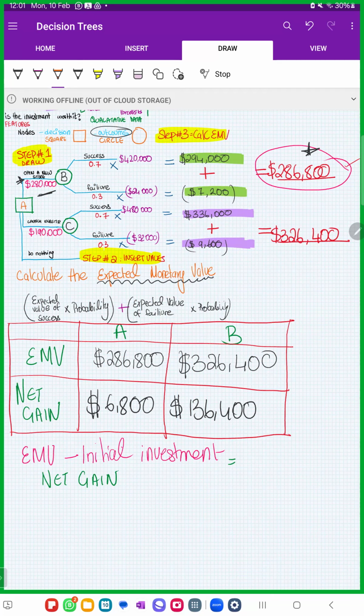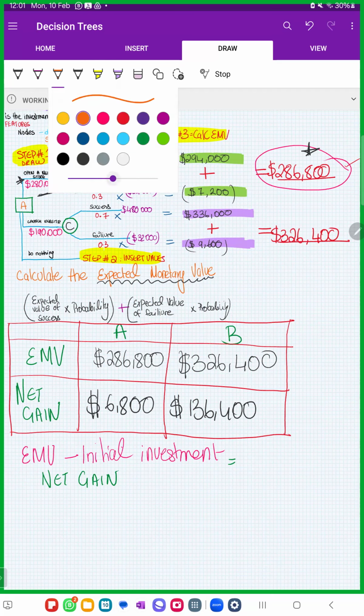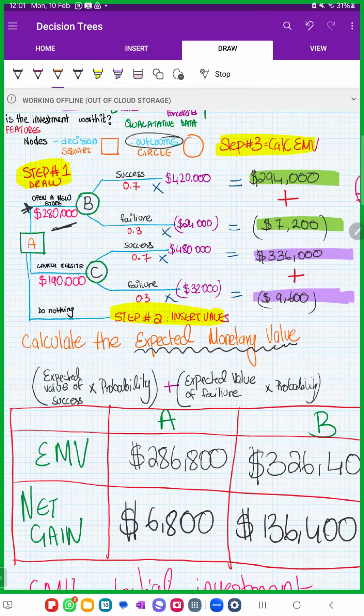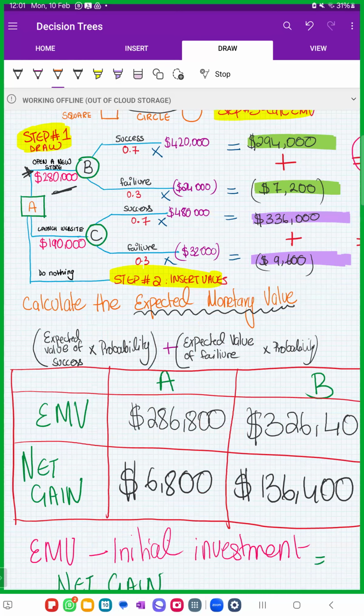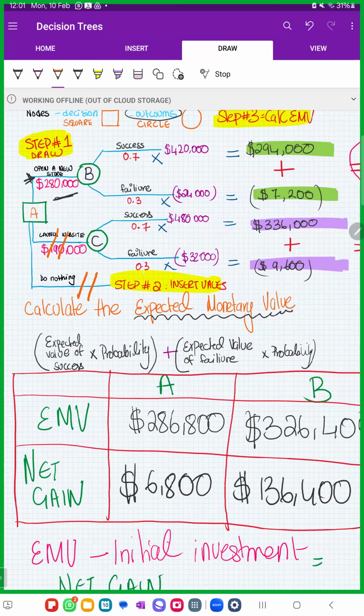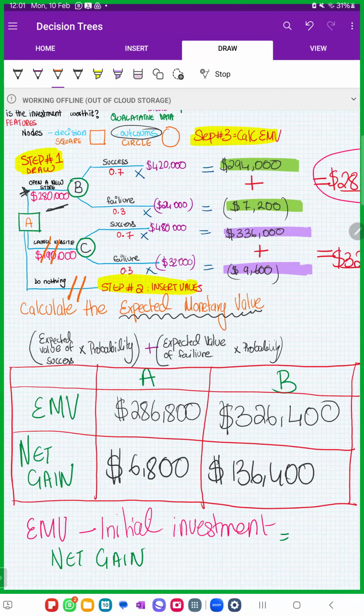Yes. Now remember, in critical path we make these lines if we're following that path. In decision trees, you make the lines on the options you're not choosing. I'm not doing nothing. I'm not launching the website. This is showing that I'm choosing this one. I'm not going to make a tick. But the option that you're not choosing, you're going to make the 2 lines on that.